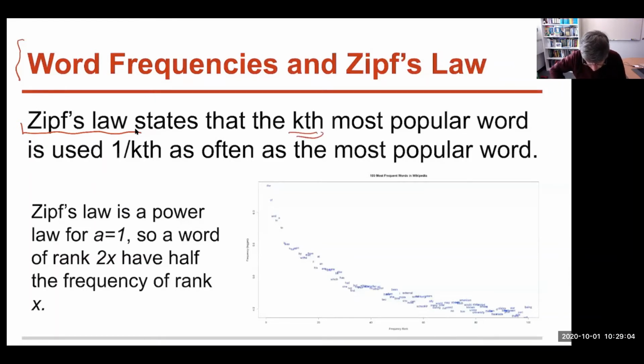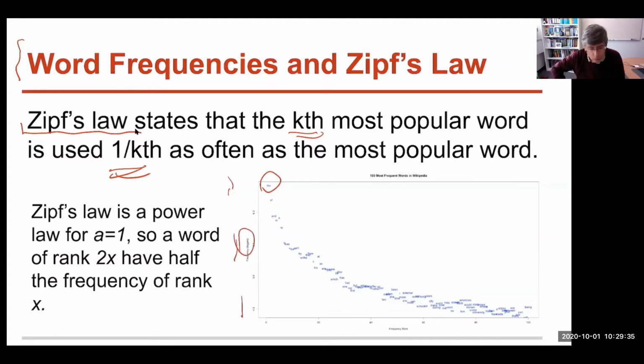The claim is that it should occur 1/k as often as the most popular word. So let's say the most popular word is "the." What would we expect the second most popular word to be? Or how often would we expect it to occur? We would expect it to occur half as much as "the" does. Okay, and again, this is a log plot, if I am correct.